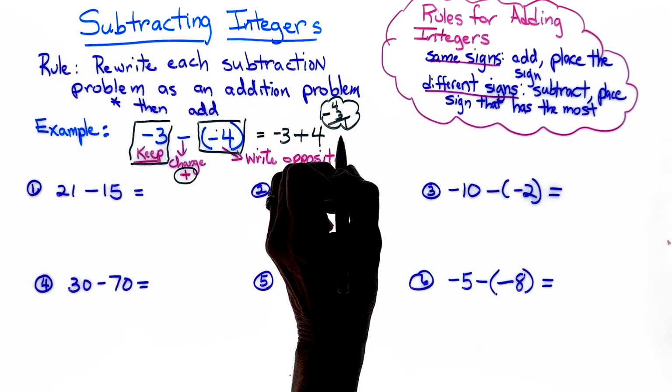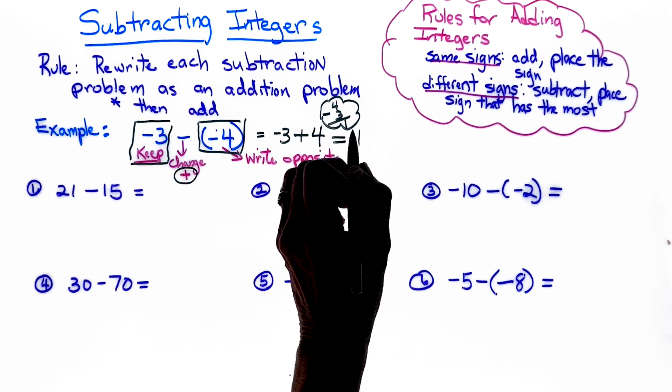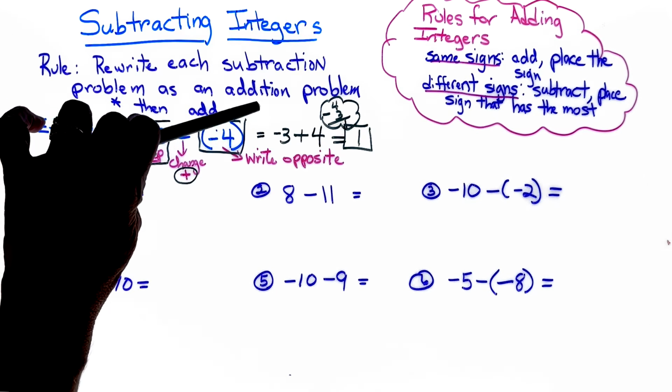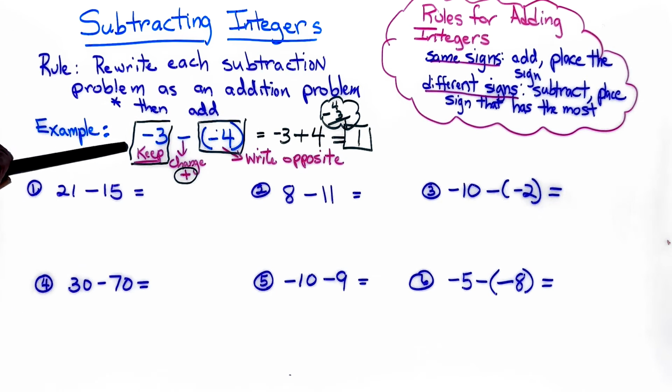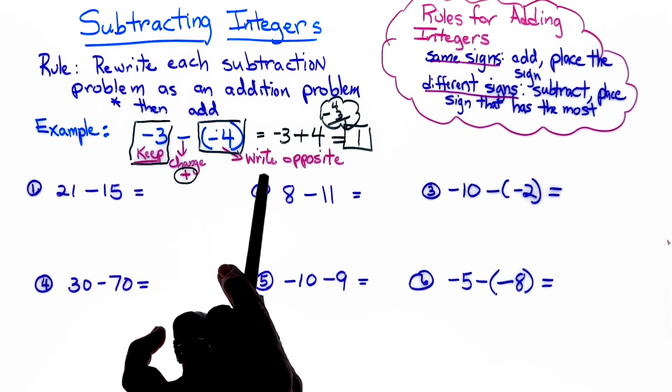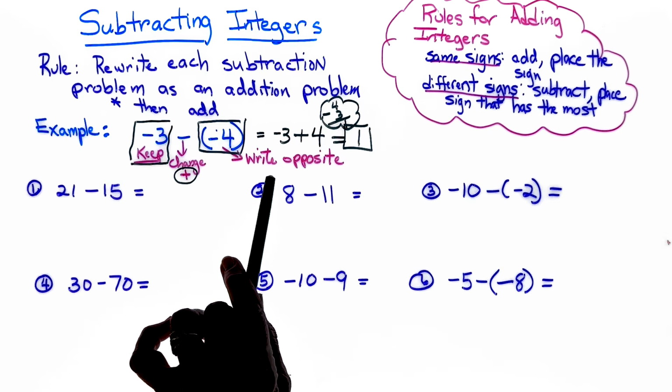And what do I have more of? Positive. So my answer is a positive 1. All right, so let's work some problems, keeping in mind that every subtraction problem will be rewritten as an addition problem, but we must follow these steps of keeping the first number, changing the sign to addition, and writing the opposite of the number that is after the subtraction sign.